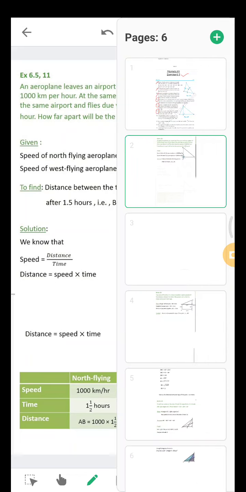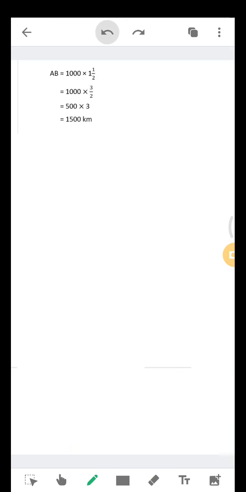For your convenience, let's simplify it. 1.5 is nothing but 3 by 2. Multiplying 1000 with 3 by 2, 500 times 3 is 1500 km. Next, AC: 1200 into 3 by 2, 600 times I can cancel it, then 600 into 3 is 1800.